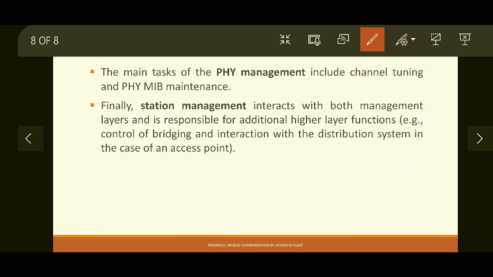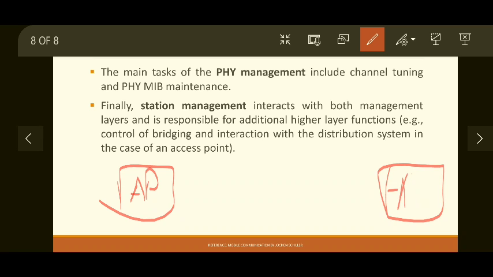Okay. Then finally, the station management layer, which interacts with both management layers and is responsible for additional higher layer functions. Now, what is an additional higher layer function? That is, for example, control of bridging and interaction with the distribution system in case of an access point. So what station management does, how the access point is connected to the distribution system, will be controlled by the station management.